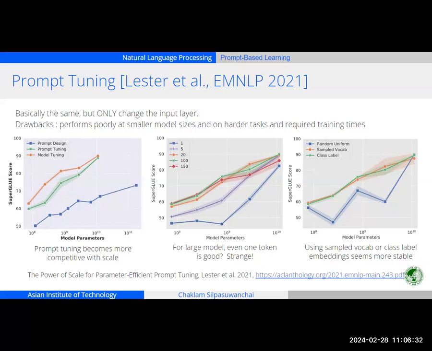So if we look at the previous one, the PEFT tuning, the input sequence can be batch size, sequence length, and hidden dim, right? But in the case of prompt tuning, you have batch size, sequence length, maybe I'll call it additional embedding, and hidden dim.